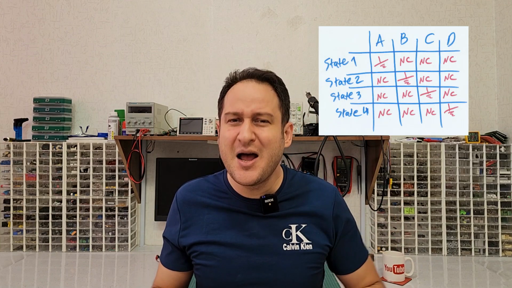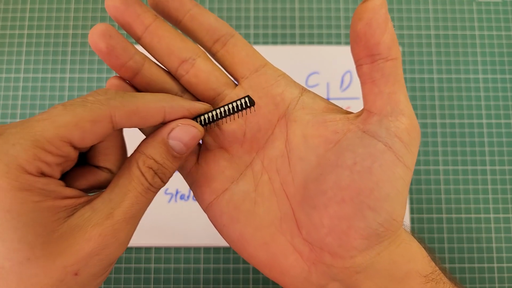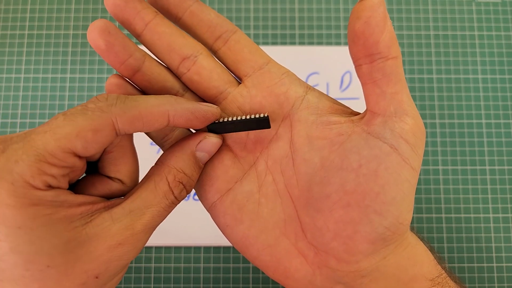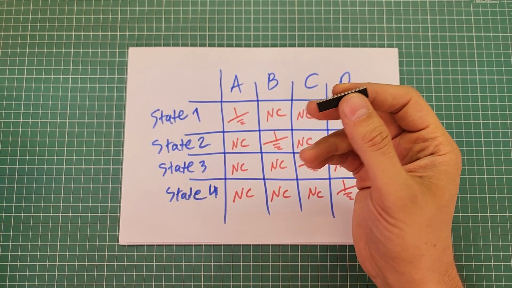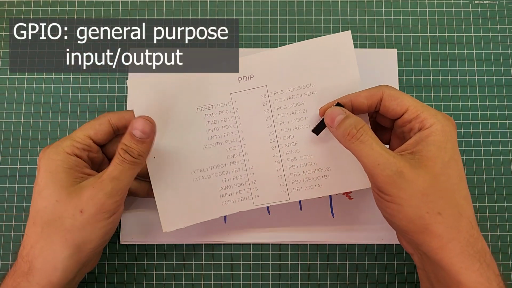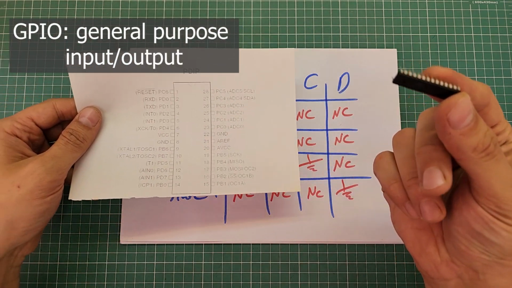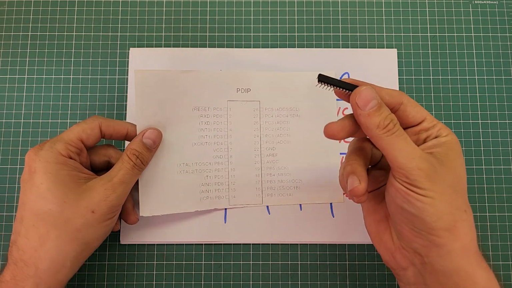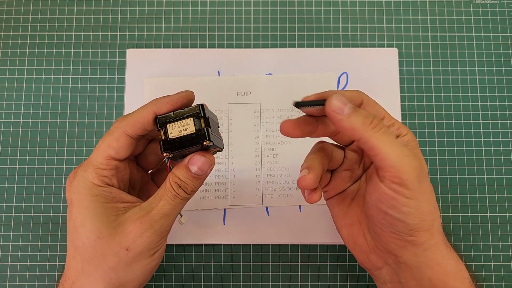You may ask, how do you make these state sequences on a circuit? I'm going to answer. There are several solutions, but one of the most precise and easy solutions is to use a microcontroller. GPIO pins of a microcontroller can generate this sequence of states easily, but they can't deliver much current, so we can't hook up the stepper motor directly to the microcontroller.